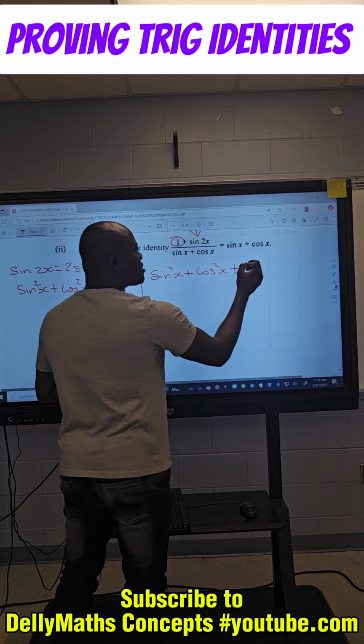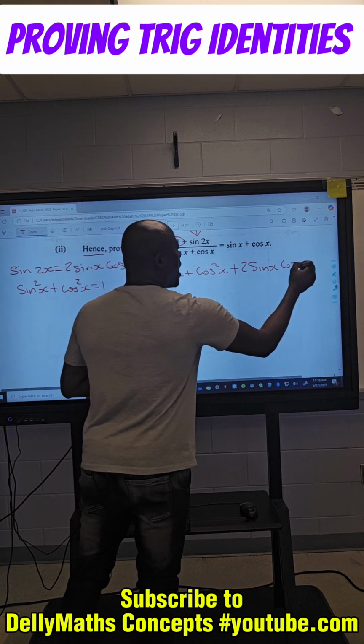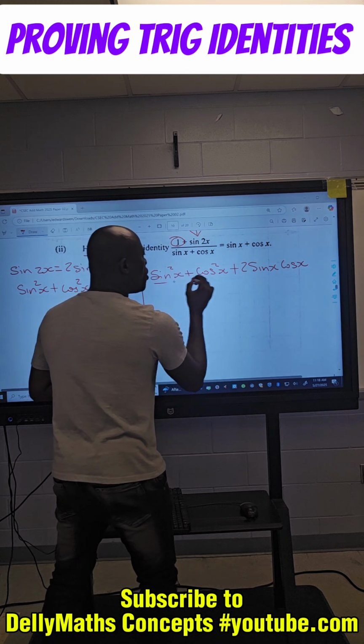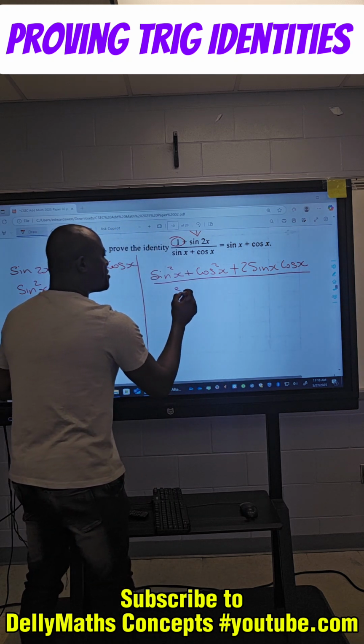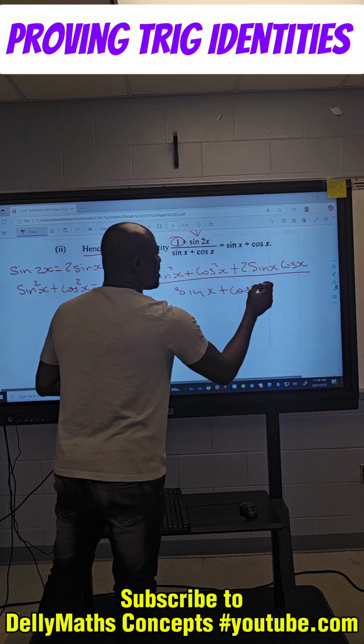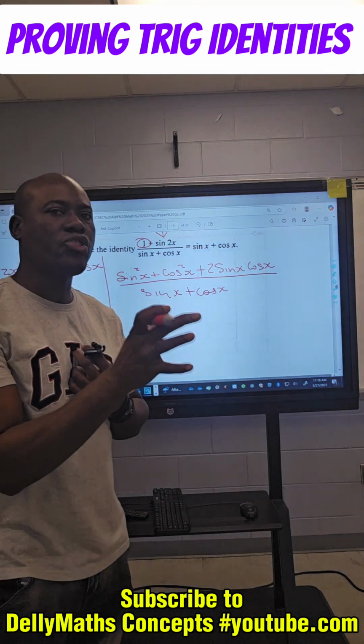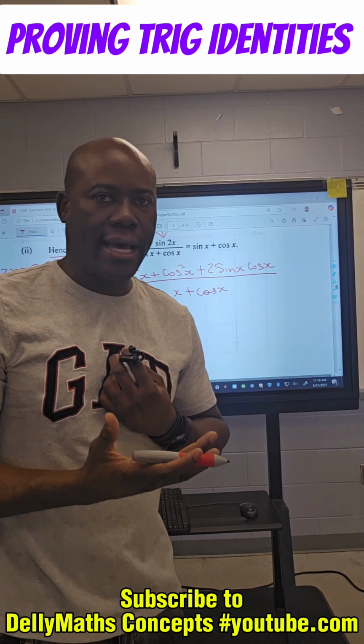So it's going to be plus 2 sine x cos x, and all of this is over sine x plus cos x. Now remember the objective: I'm taking my left side and I'm going to show that it is the right side.